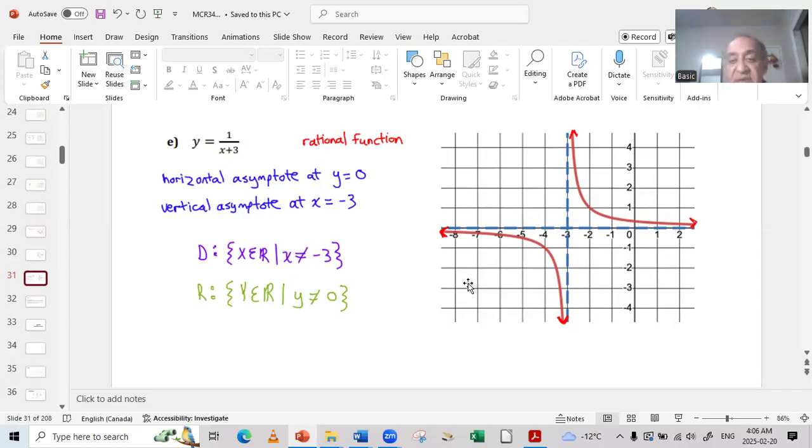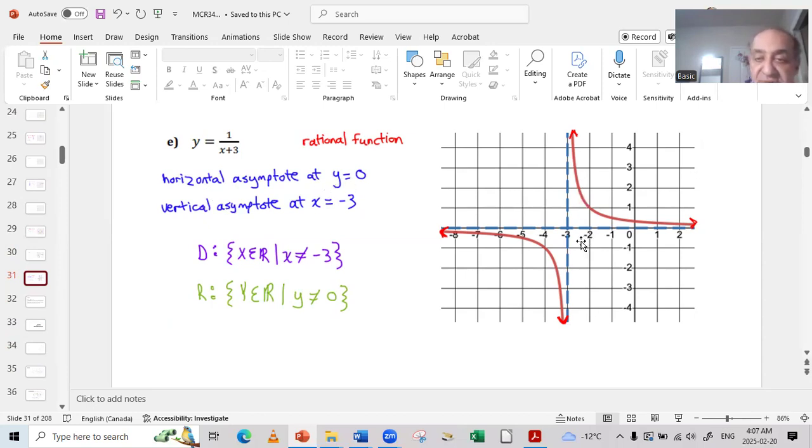For that reason, you find the horizontal asymptote at y equals 0. So the asymptote means that it's coming close to the line, but it will never touch it. It will never intersect it. This is the meaning of asymptote. So here we see a horizontal asymptote at y equals 0.